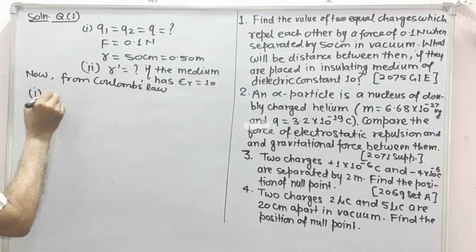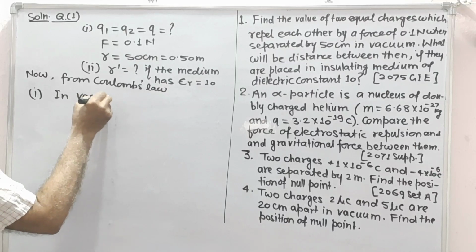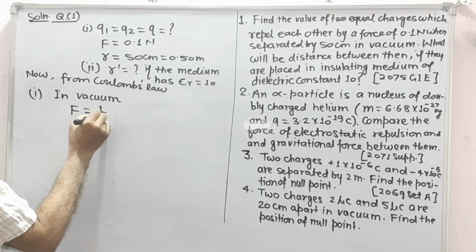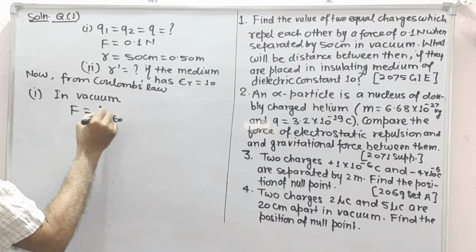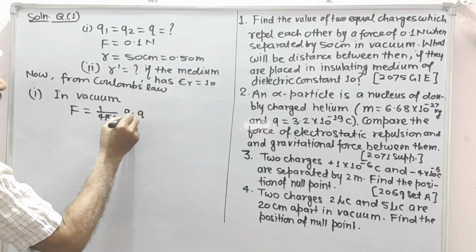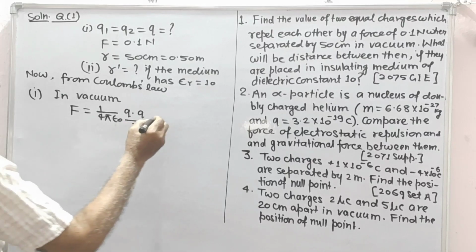first in vacuum F will be equal to 1 upon 4 pi epsilon naught Q1 into Q2 upon R square, because Q1 and Q2 are identical.